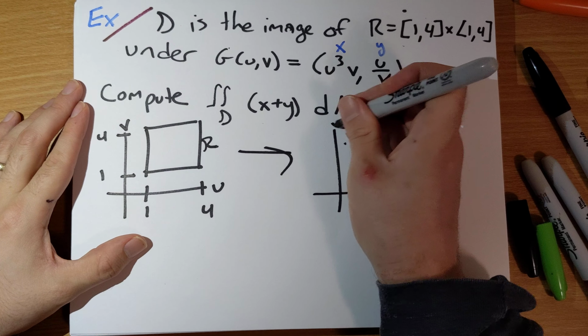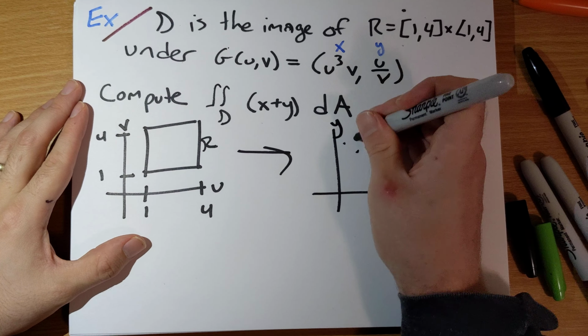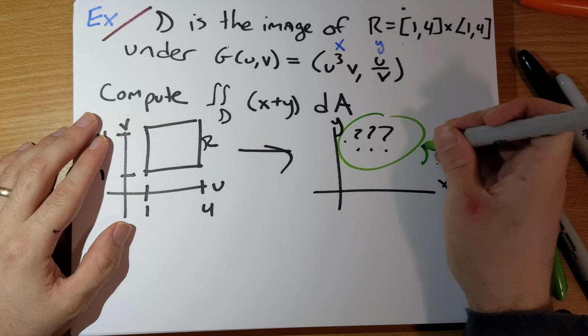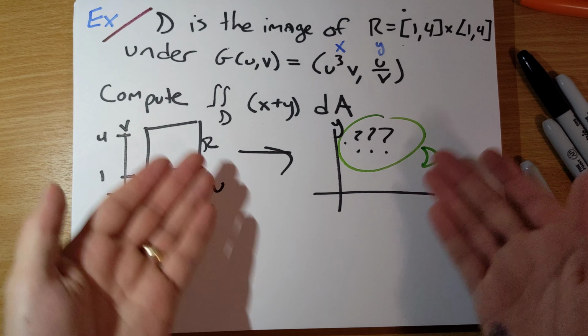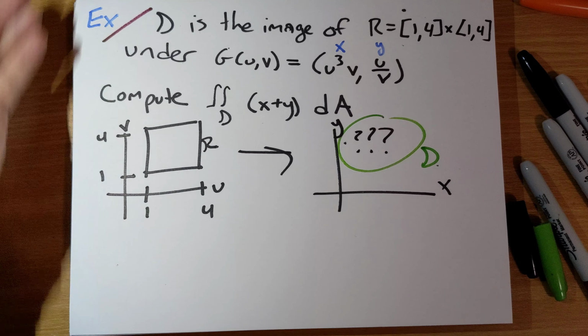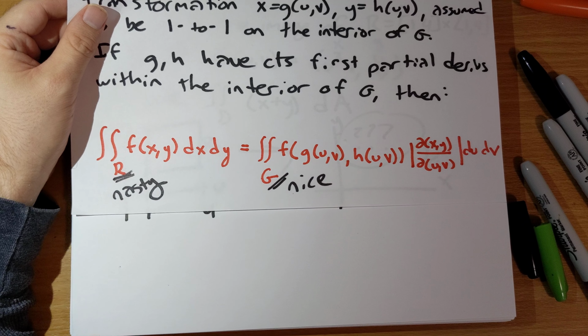It goes to something in the XY plane, some region D here. We don't actually have to figure out what D looks like or anything. We're assuming that this D is our nasty region, and everything's queued up perfectly that this R is our nice region that we're integrating over.